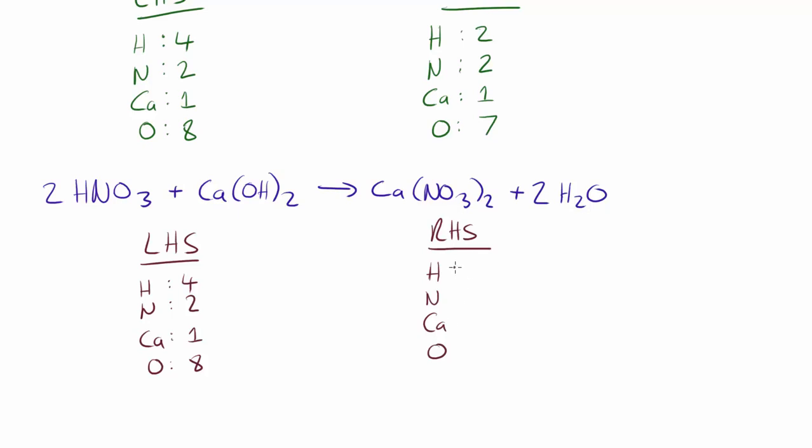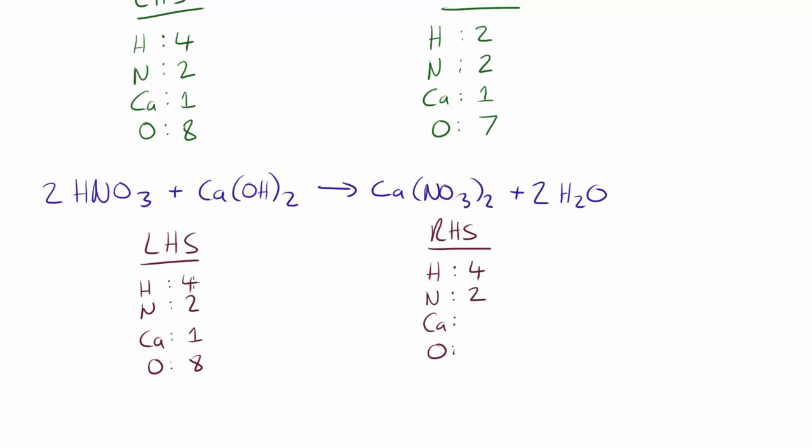H, N, Ca, O. If we take a look at that. So for the oxygens, actually I'll just start with the hydrogens. Hydrogen, we only have hydrogen in this species, right? The H₂O, and you've got 2 of them, so that's going to be 4, right? Now for nitrogen, we have nitrogen here, so it's going to be N. We've only got an N and then times 2, so that's going to be 2, right?